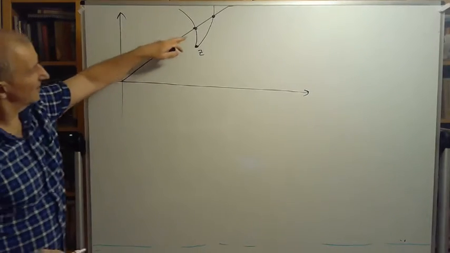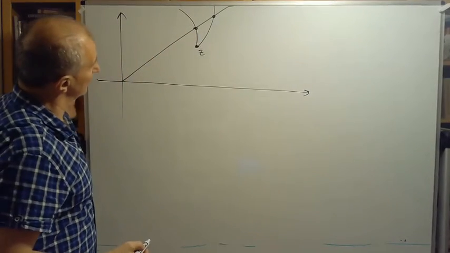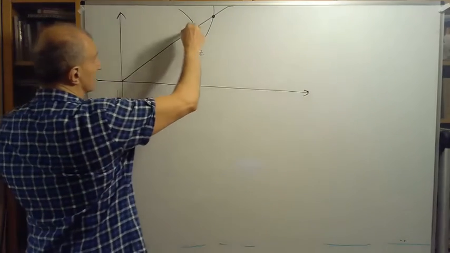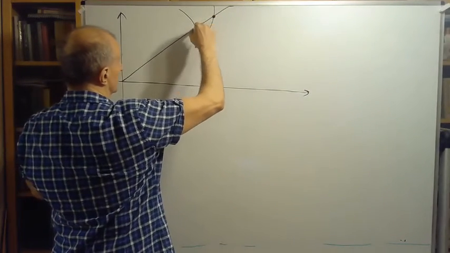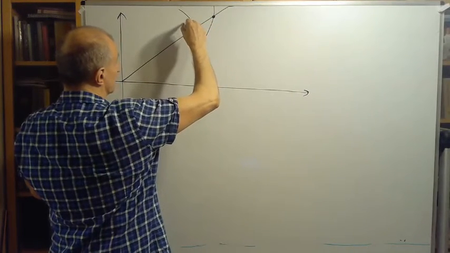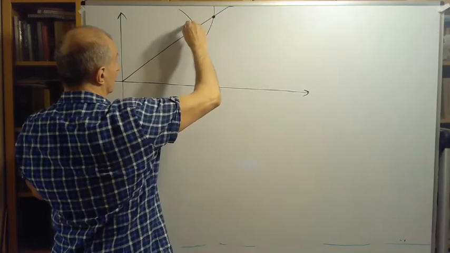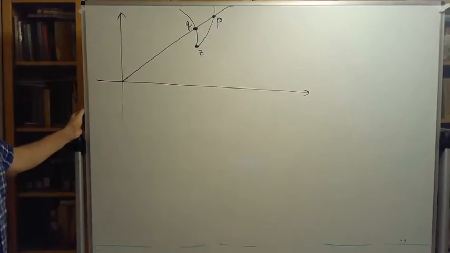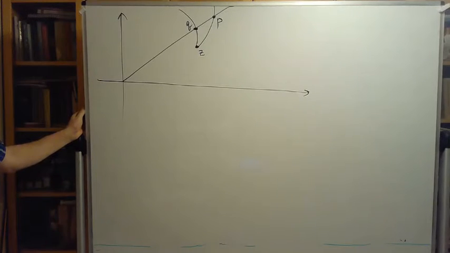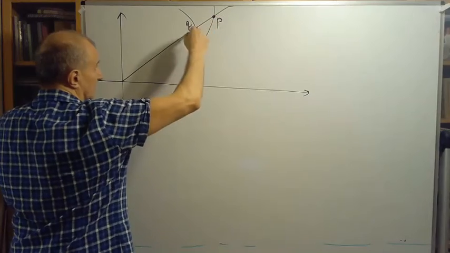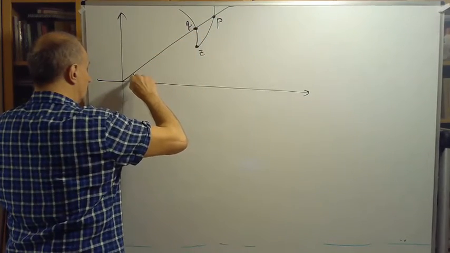Because we want to find an angle between the tangents to the curves at these points, and it will be almost the angle between secants, and in the limit it will be the angle between these secants. So this will be point Q, this will be point P.